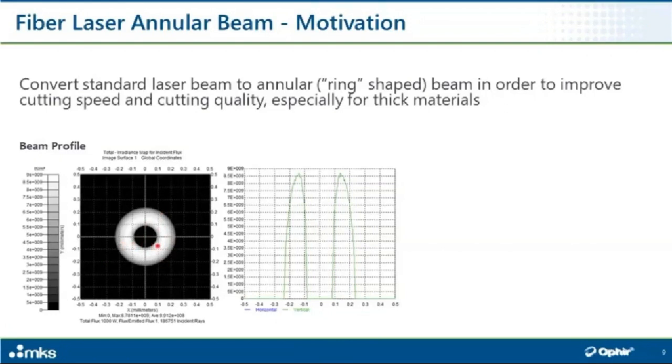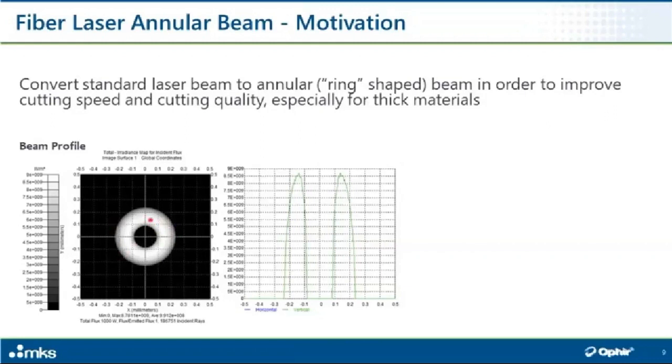And if we use annular beams, what we achieve is that we can cut thicker materials, because the energy is not distributed all over the area, but only on a small part of the area.